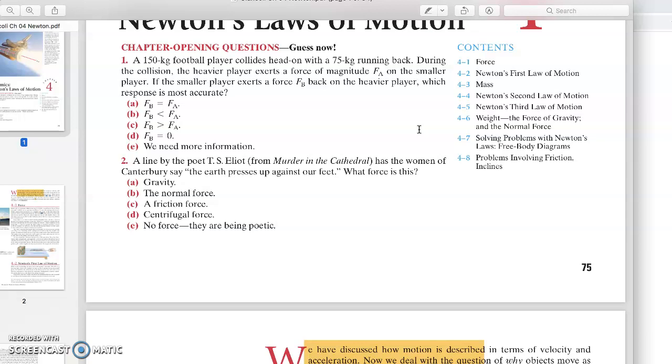The literal translation for قصور is shortage, and الذاتي is self, so self shortage. Basically, the object on its own has no power to change its own status, except if an external force acts on it.